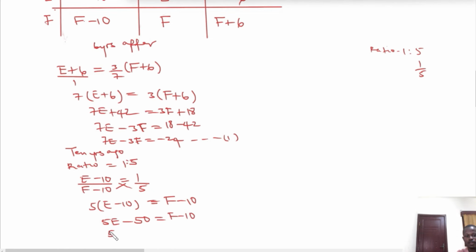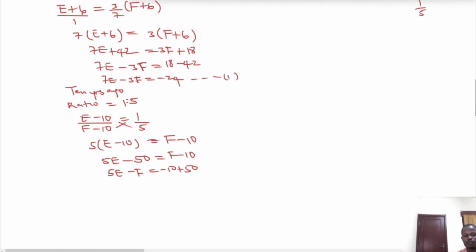We have here 5E minus F is equal to minus 10 plus 50. So let's solve this. We're going to have 5E minus F is equal to positive 40. Minus 10 plus 50 is positive 40. This is equation 2. Now we combine equation 1 and 2.